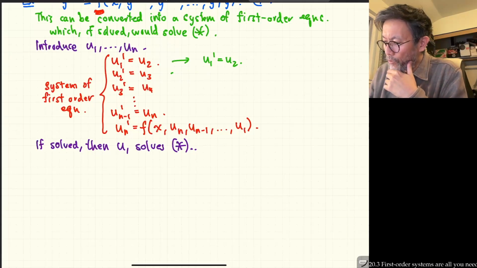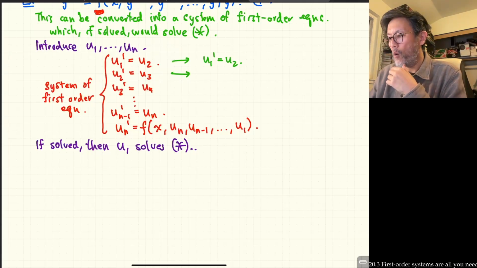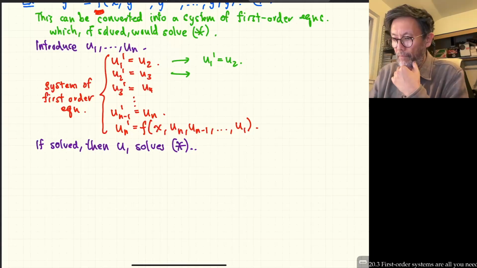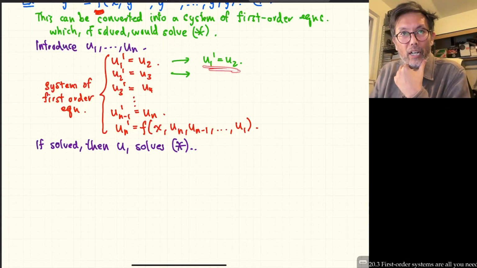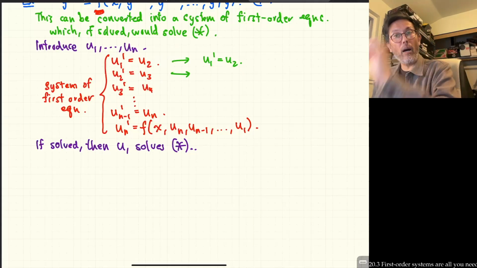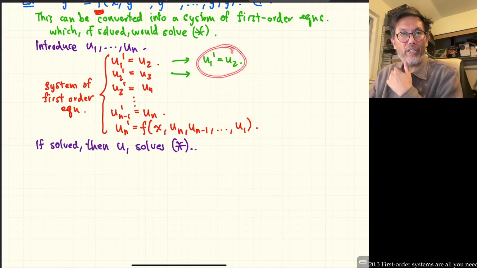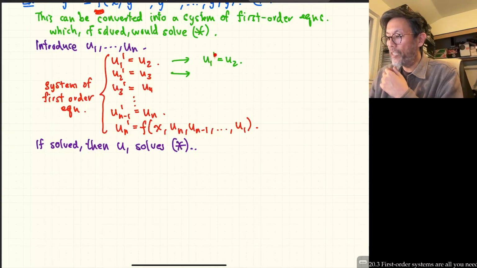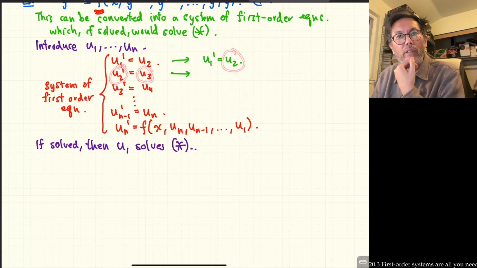But if u2 is u1 prime, and u2 prime is u3, then taking the derivative of this equation on both sides, u1 double prime is u2 prime, but u2 prime is u3.